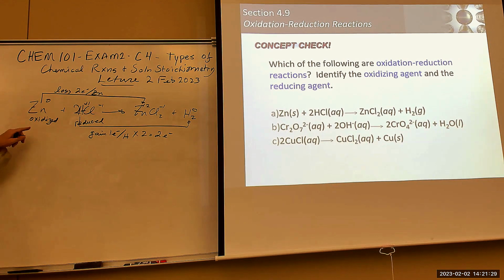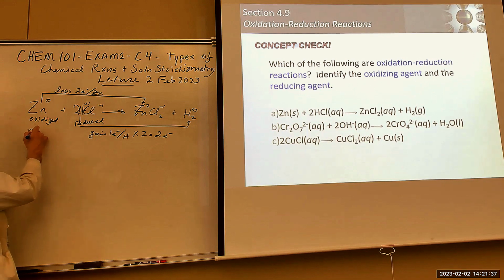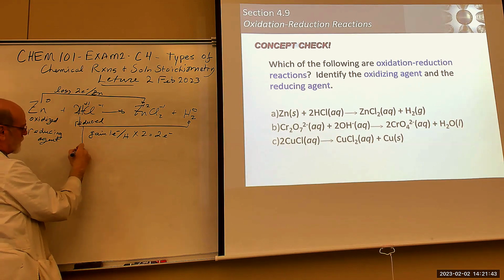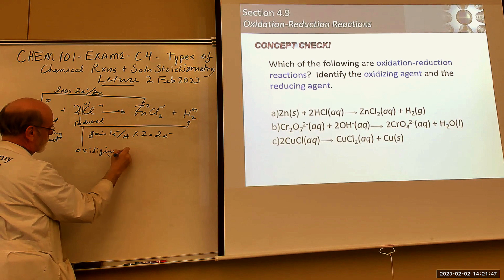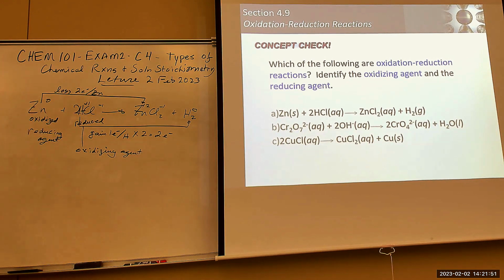So whichever one is oxidized is responsible for the reduction of the other one. That makes this one the reducing agent. And this one, the oxidizing agent. Okay? If it's reduced, it's the oxidizing agent. If it's oxidized, it's the reducing agent.